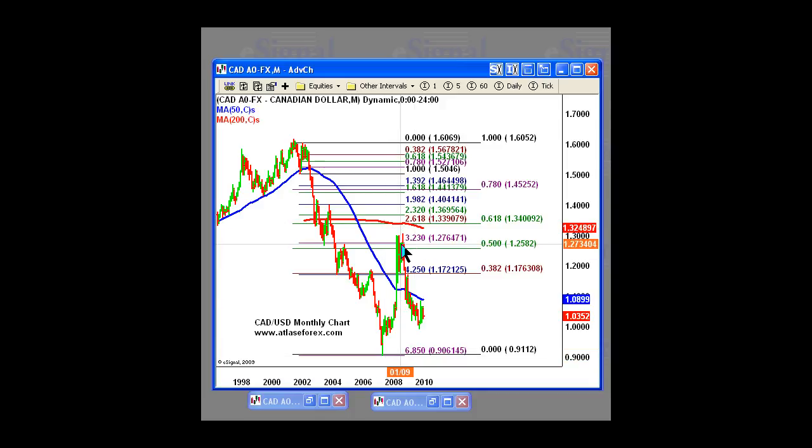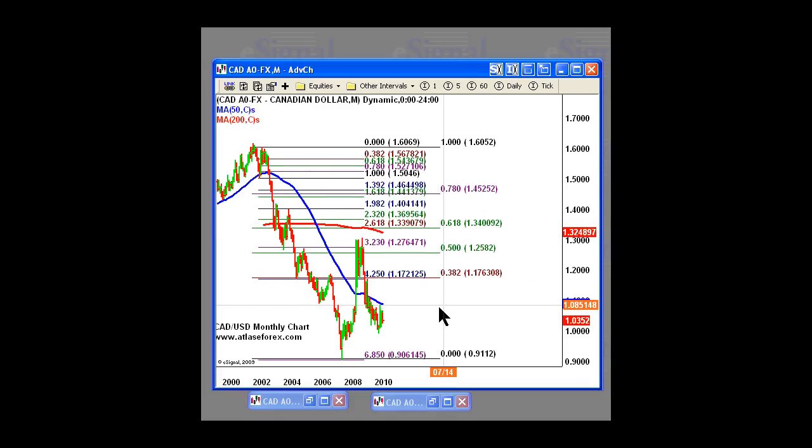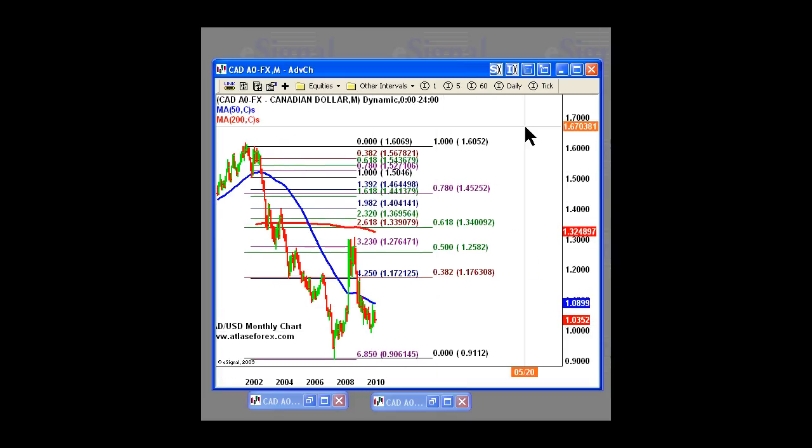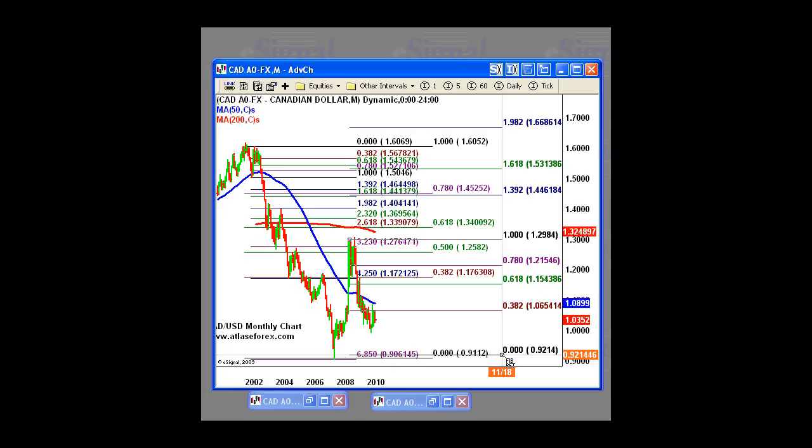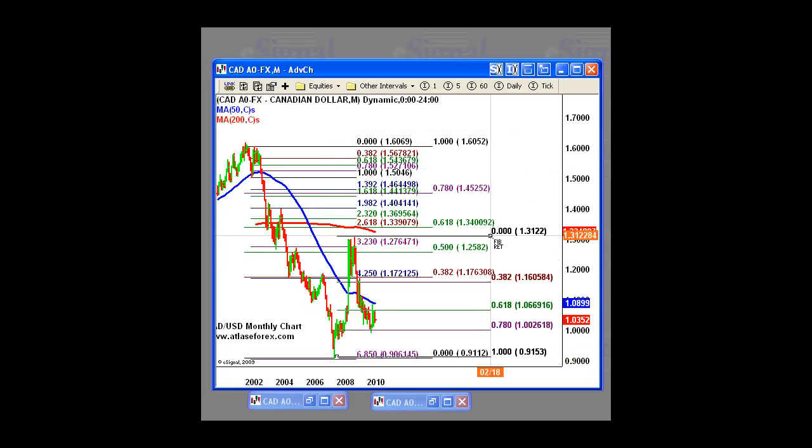Return 323, which is also the 050 level between this and this retracement on a Fibonacci scale. Return down. When? Where? What does this represent? Again the Fibonacci. We take the Fibonacci from here down here. No, vice versa. From here down here, and we find out that this lower part is the 078 of this retracement.